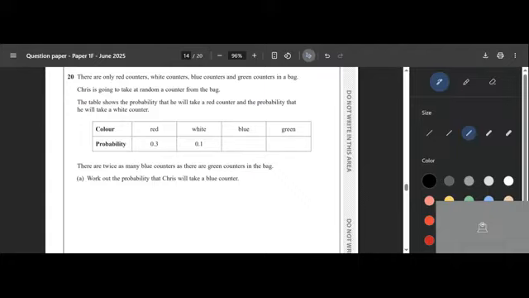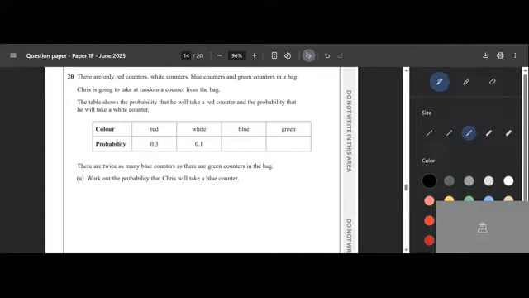Now, you are told that Chris is going to take a random counter from this bag, just taking any, not specified of which color or what. So Chris is going to take any random counter, and you can see that we have got the color on top, and we also have the probability.